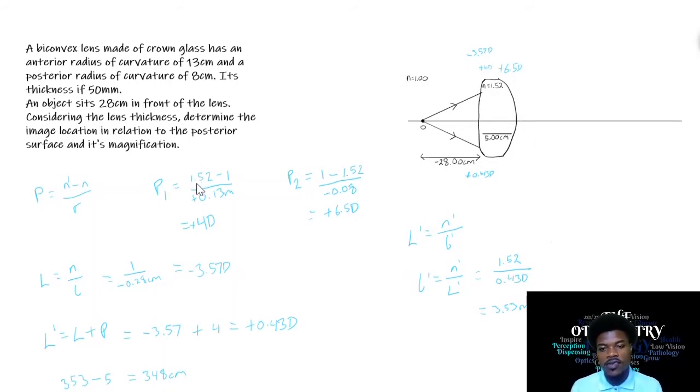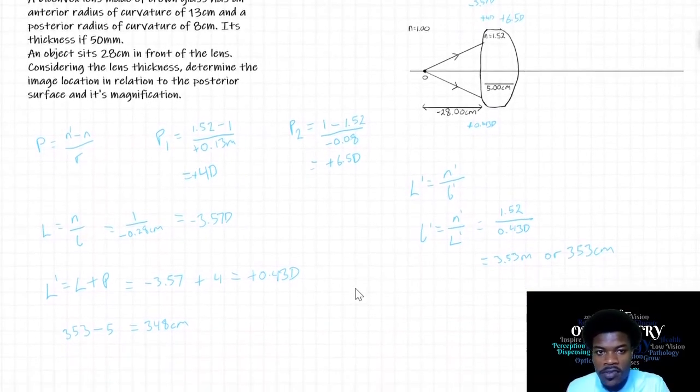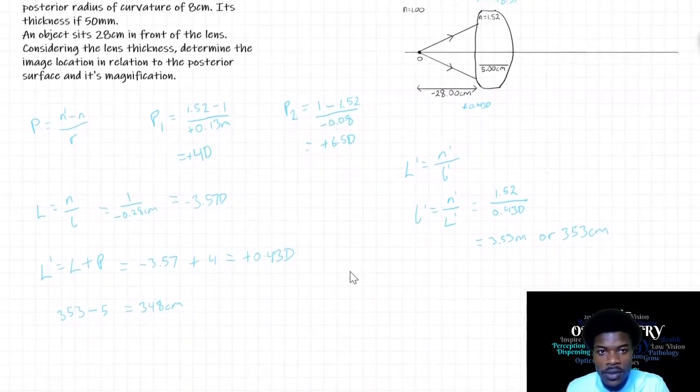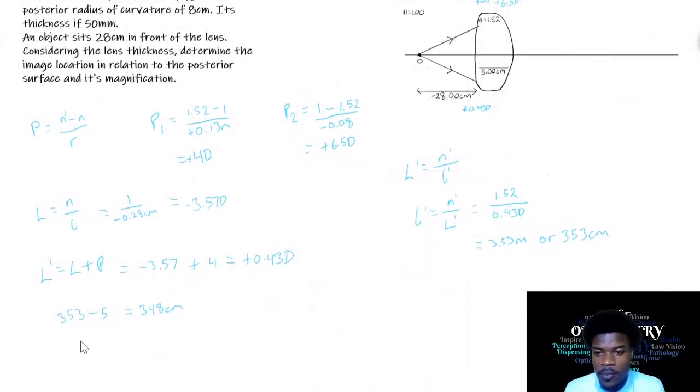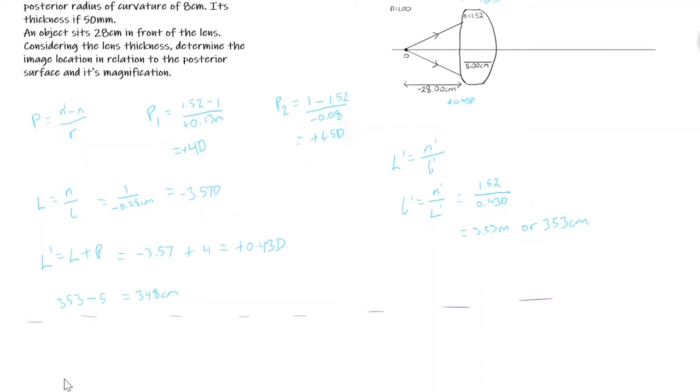So this is what we can use now to find the image that will be formed in relation to the posterior surface. So guys, basically we're going to go through some of the same steps again. Let me scroll it down a little bit so we can have some more space. So we're going again. Let me change the color here. Okay, so for this posterior surface, the object vergence, again, the formula, L is refractive index over object distance, which is our 348.